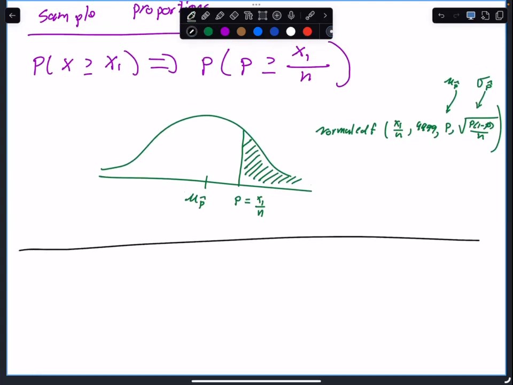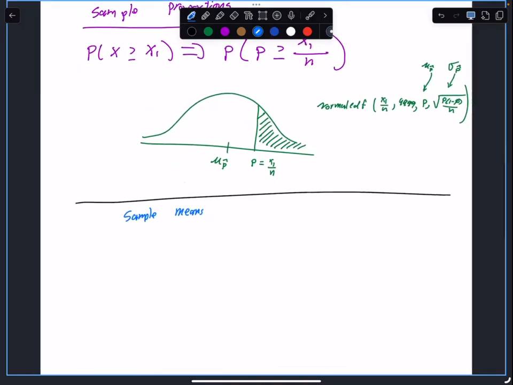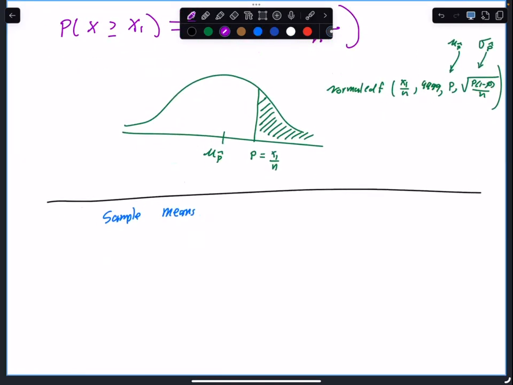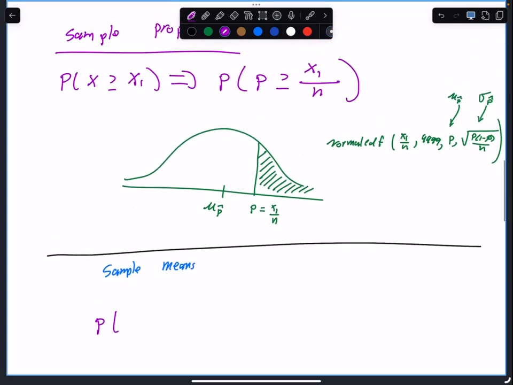Whereas, if we're talking about sample means, this question is, I think, almost a little bit more straightforward. You're going to be finding the probability that, this should be a P hat right there. Sorry, I'm just recognizing that. P hat. They might give you the probability that the sum of X is greater than some number.